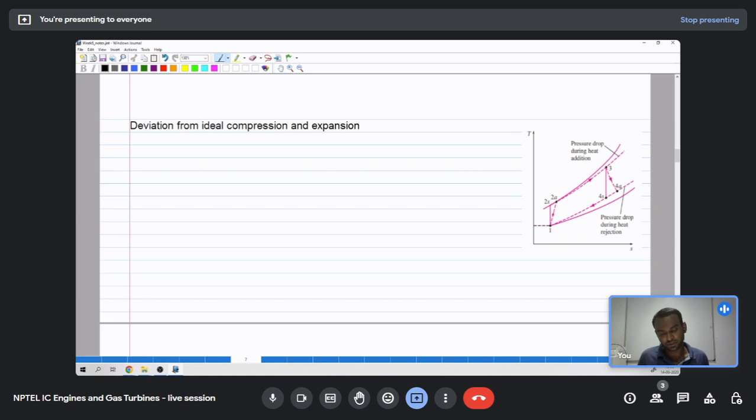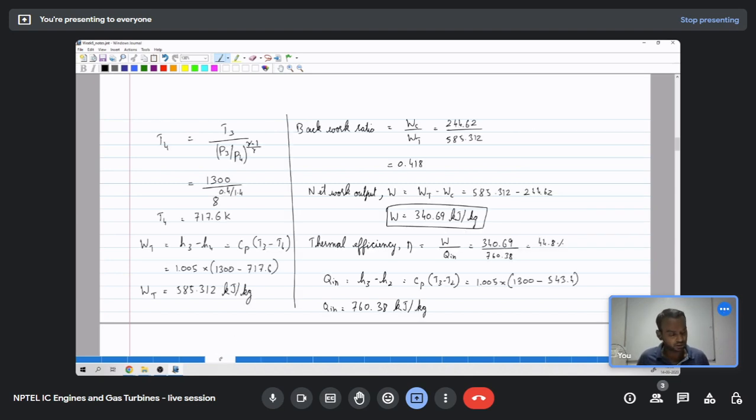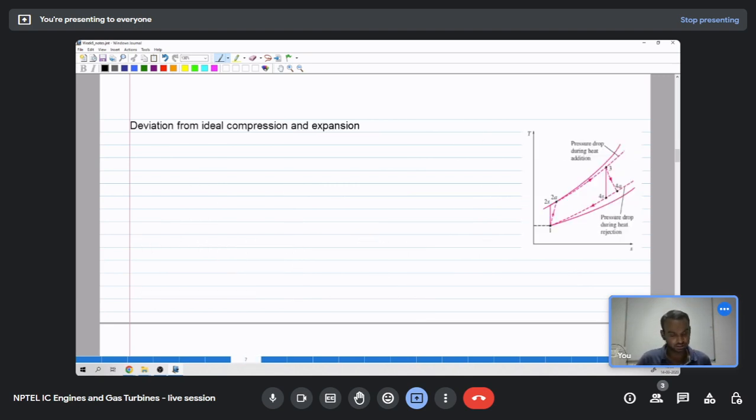So far we have assumed isentropic compression and expansion work from the compressor and turbine. That means we have calculated the temperature at the exit of the compressor or turbine when the input temperature and the pressure ratio are given, and we assumed that the entropy remains constant throughout the process, compression or expansion.